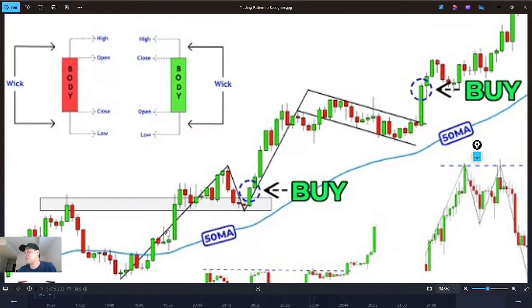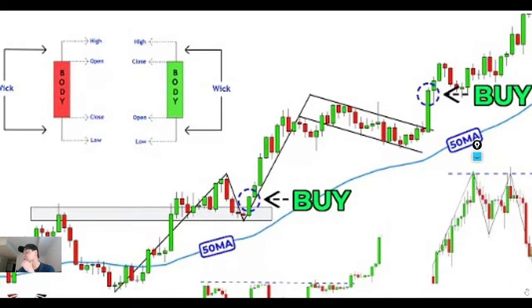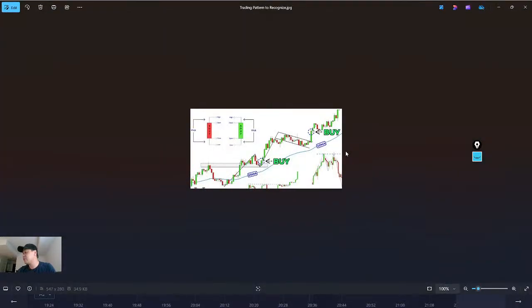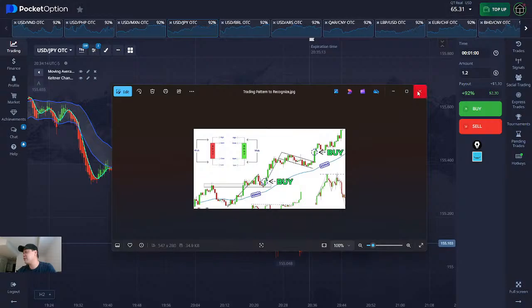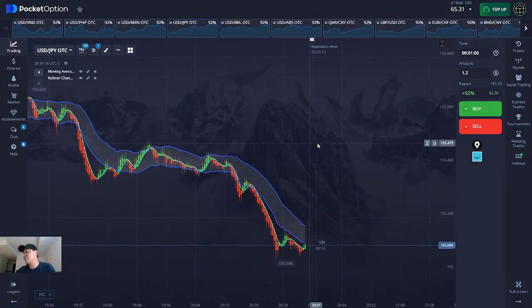After it breaks out of a certain key level, I'm looking to buy to go up, and on the flip side to sell when it goes down. That's pretty much it. I want to keep it safe and try to trade without much stress. So that's what I'm looking for right now. Let's see what we can find.